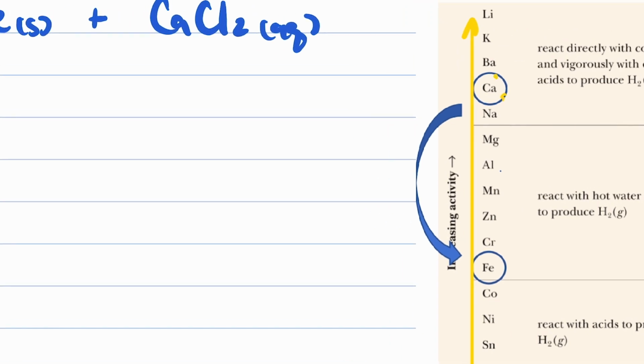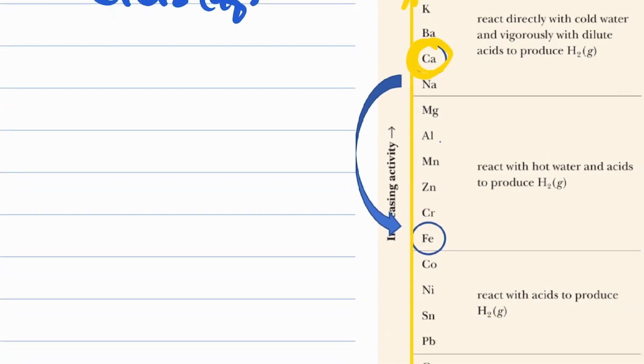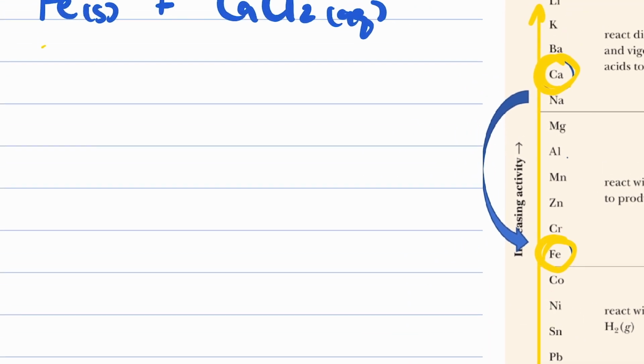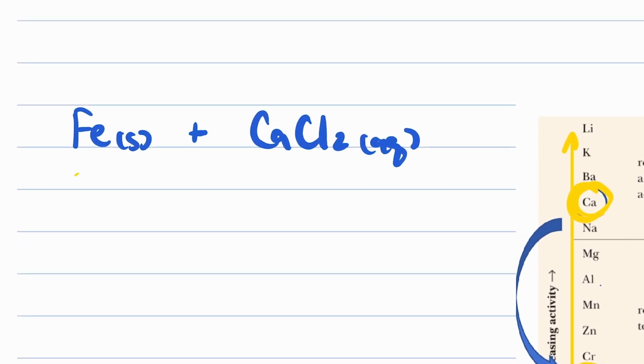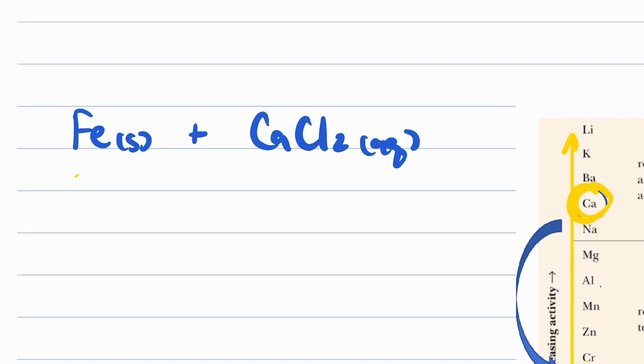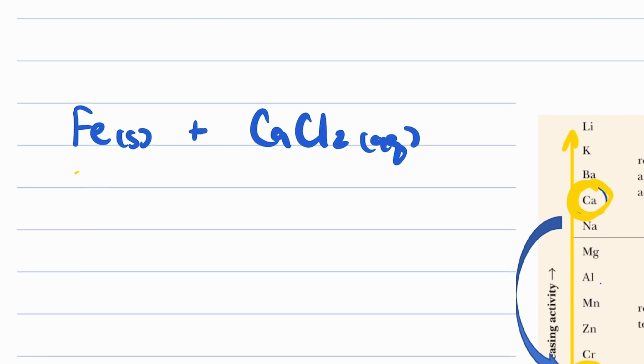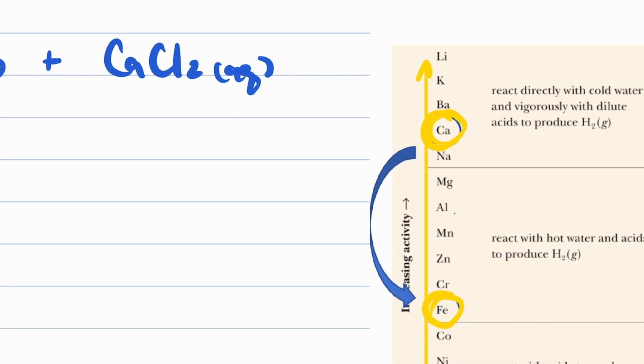We said that the one by itself, the one that's single, has to be more reactive than the one in a relationship in order for the reaction to take place. So looking over here, we have calcium and iron. Calcium is more reactive, right? It's higher up. So if calcium is more reactive than iron, is the reaction going to take place?